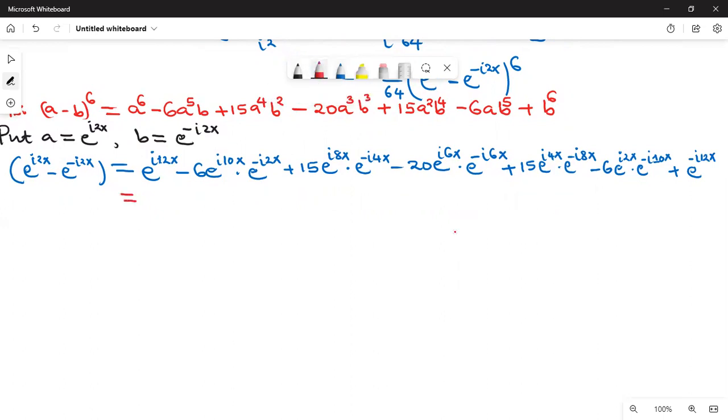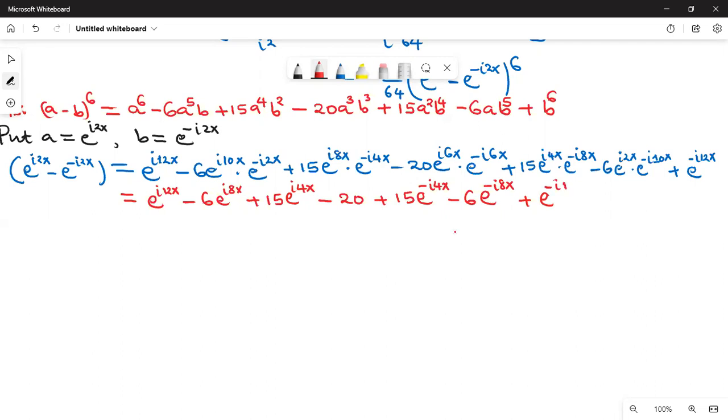Let me simplify this. If you simplify, it will give us exponential i12x minus 6 exponential i10x minus 2x, that is 8x, plus 15 exponential i4x minus 20 plus 15 exponential negative i4x minus 6 exponential negative i8x plus exponential negative i12x.